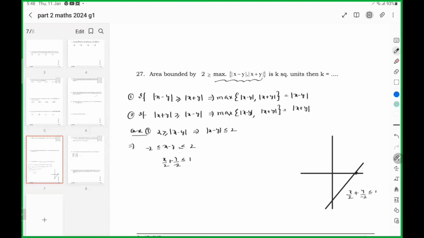So its equation is x by 2 plus y by minus 2.